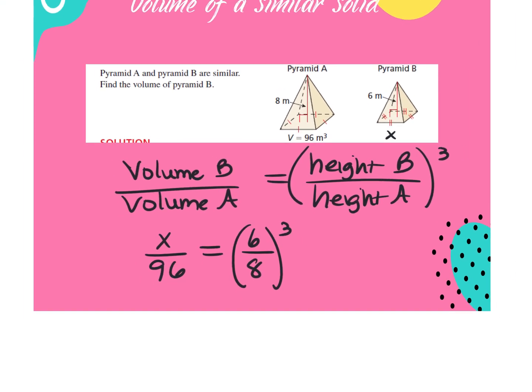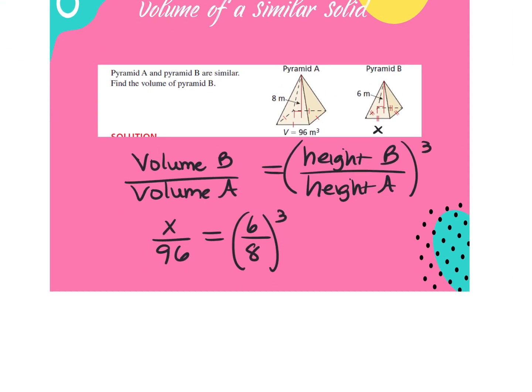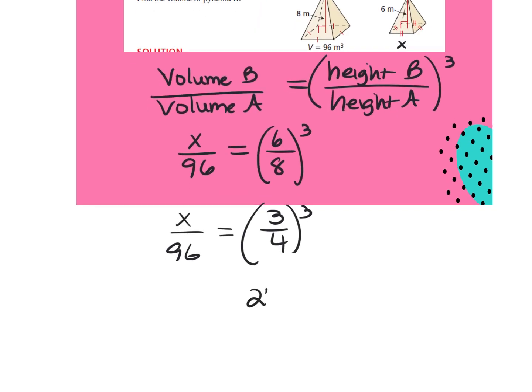But if you were not using a calculator, I definitely recommend reducing the fraction first and reduce it to 3/4 by dividing both by 2. Now I have to cube it. So 3 times 3 times 3 is 27, and 4 times 4 times 4 is 64.